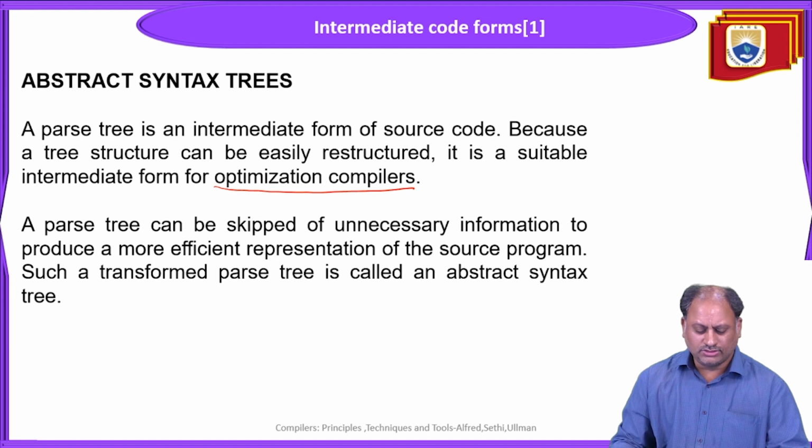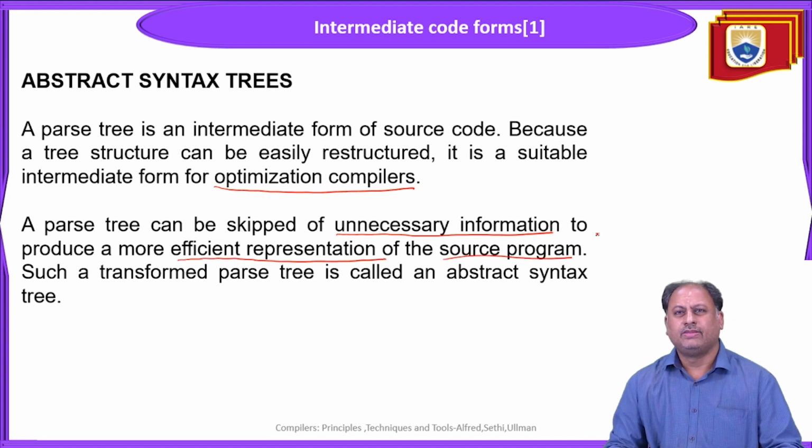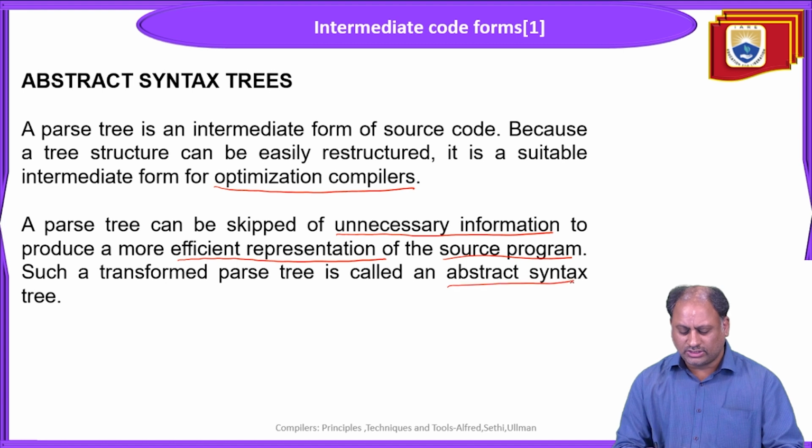Now, what is the parse tree? We discussed it in the previous sessions. Here, unnecessary information is skipped, and only what is required is exactly specified for each branch of the tree. The efficient representation of the source program, transformed from a parse tree structure, is called an abstract syntax tree.